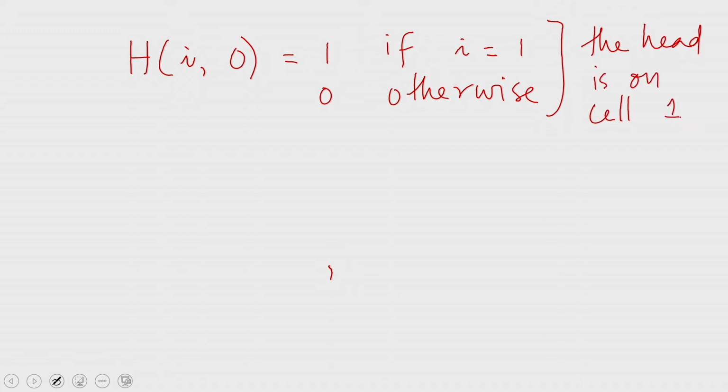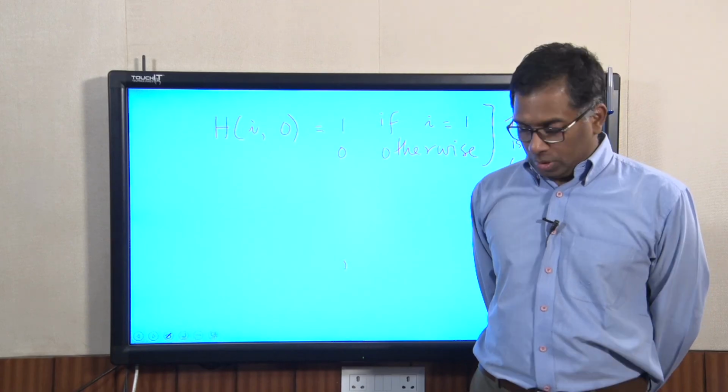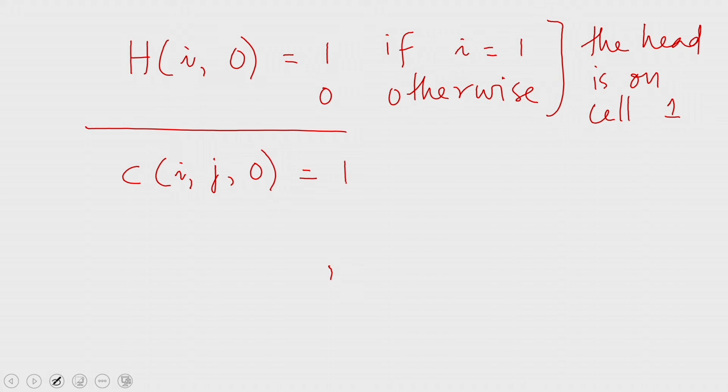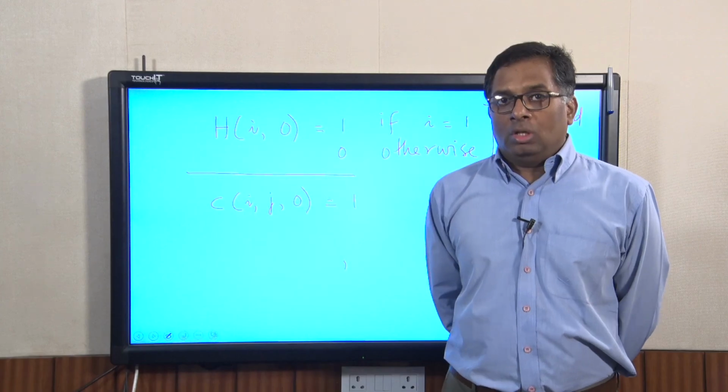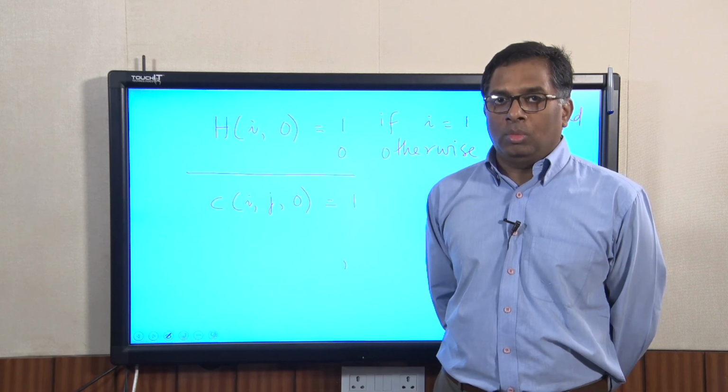So, if we set H i 0 to 1 if and only if i equals 1, then we have the intended purpose. The H 0 values are all appropriately set. Then let us consider C i j 0. That is, we want to assert that at the beginning of the machine, cell i contains symbol a j.